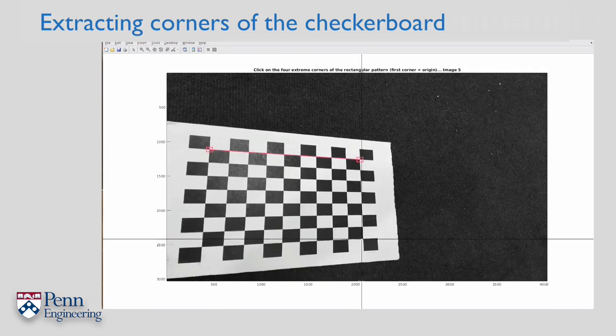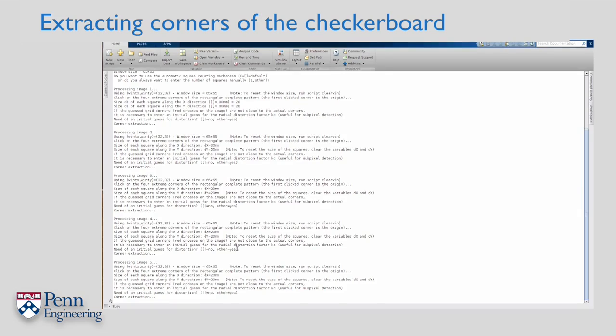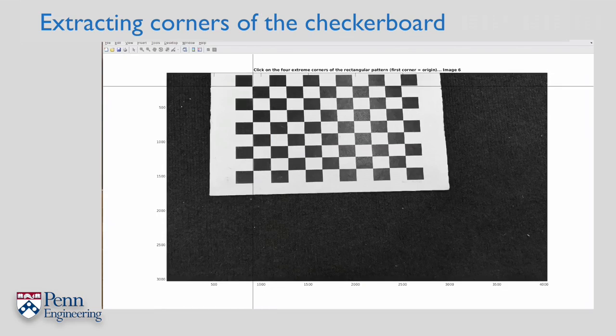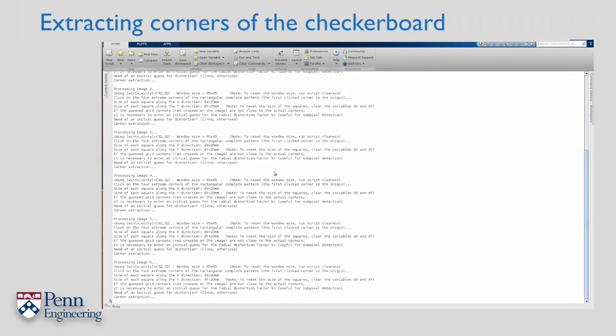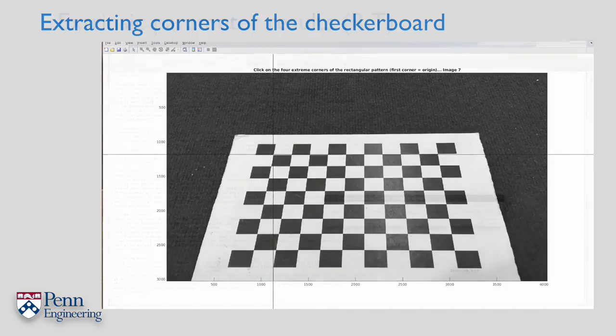After we have extracted the corners of the checkerboard, what this procedure really does internally is to compute all the pixels, all the intersections of the checkerboard in the images. So instead of us clicking in all 64 positions, we clicked only 4 and it does the computation of the 64 by itself.